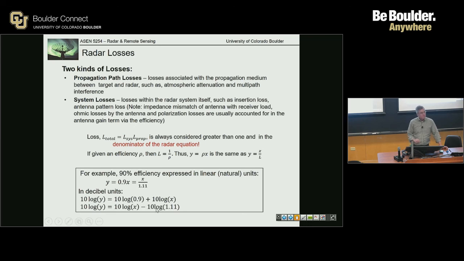One question. Every text I've ever read has mismatch loss outside of the gain of the antenna. It's not included in the gain, including Balanis and Kraus. I saw that in the notes and it caught me off guard. So mismatch? It's a reflection coefficient.